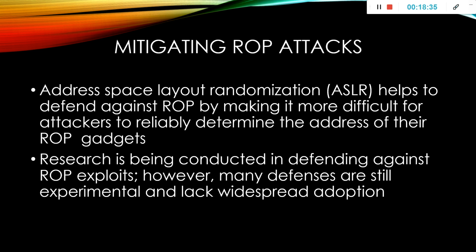ASLR helps to protect against ROPs by randomizing the addresses in memory, so it makes it difficult to directly refer to them, which in turn makes it difficult to hit the addresses of our ROP gadgets. The demo we just did had ASLR enabled, but if we were to restart the computer, the exploit would no longer work because the gadgets will all have different addresses.